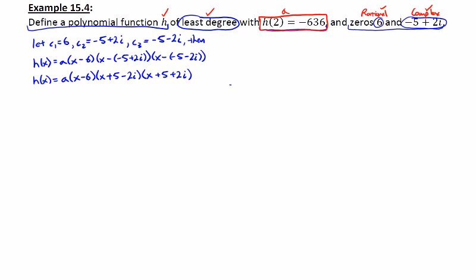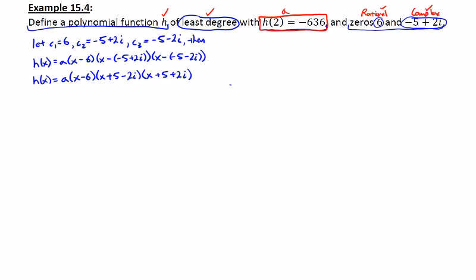I would like to go ahead and put my polynomial function into a standard form. Now the factored form, which is given to us by the linear factorization theorem, has two complex factors and one real factor. And I would really like to get rid of the complex factors.